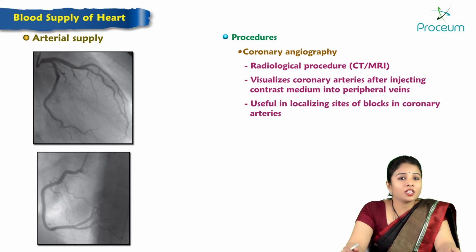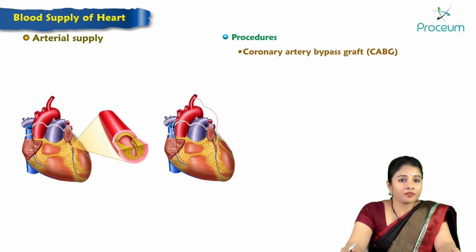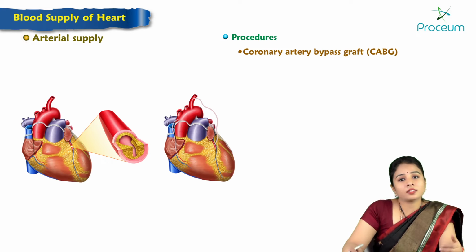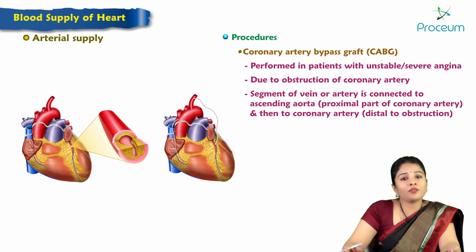The next procedure associated with the coronary arteries is coronary artery bypass graft, which is called CABG. That is coronary artery bypass graft. It is often performed in patients with unstable or severe angina due to obstruction of a coronary artery, and a segment of a vein or an artery is connected to the ascending aorta or to the proximal part of the coronary artery, and then to the coronary artery distal to the obstruction.